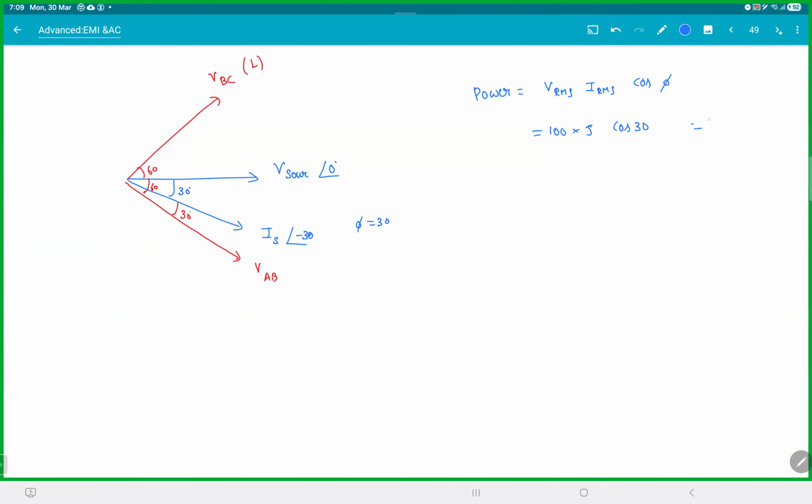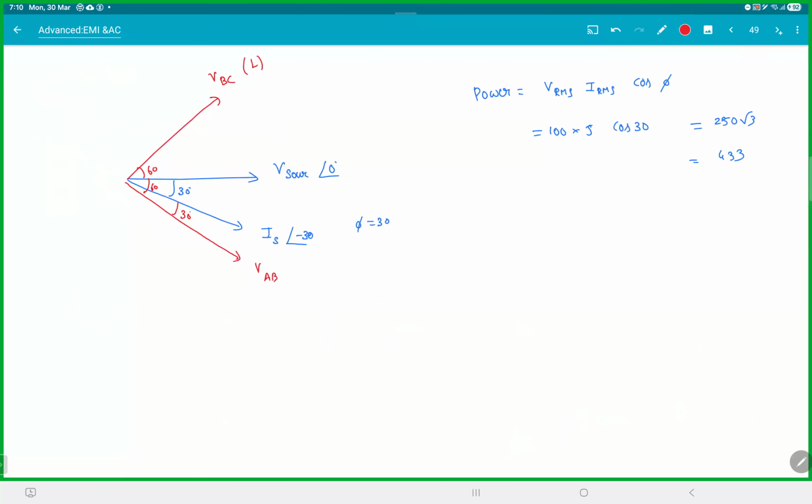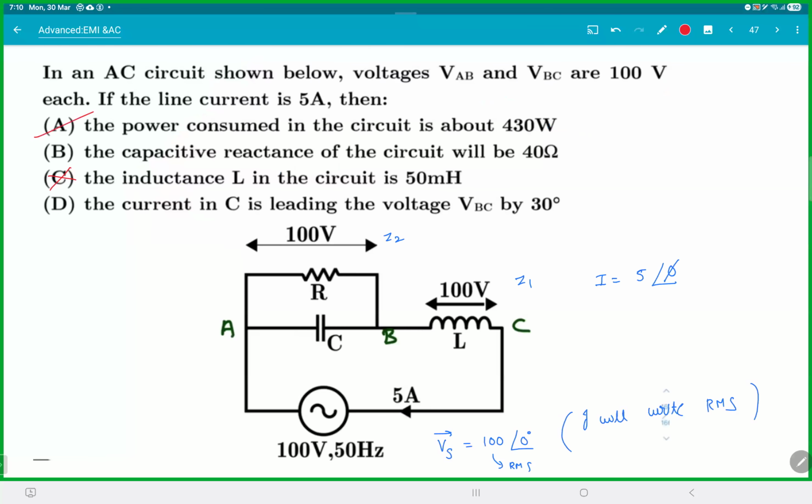That would be 500 root 3 by 2, 250 root 3. When you solve it, you'll get approximately 433. You'll get close to 430. That's your first option. Next thing, he's asking for the capacitance and the current and the voltage VBC by 30.